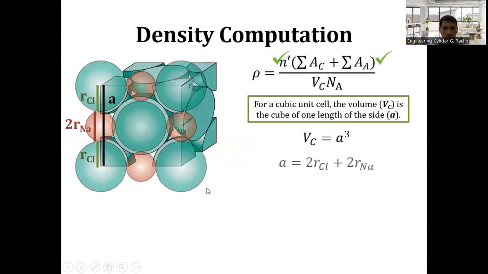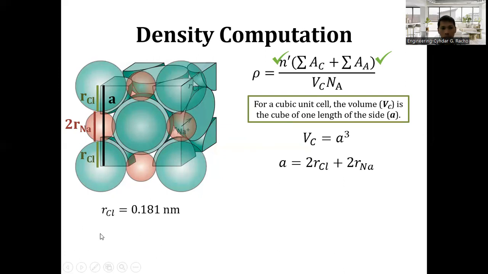So if you express a in terms of r, the radius of your chloride or the radius of your sodium, you can write it this way: a equals 2 times the radius of your chloride, plus 2 times r Na, the radius of your sodium.